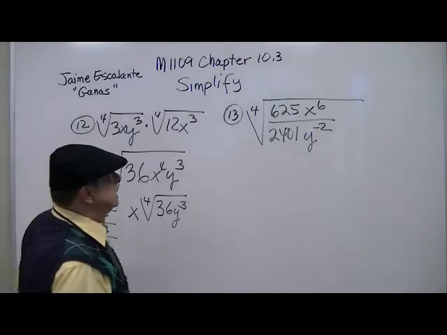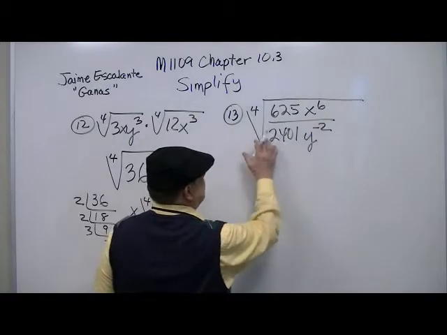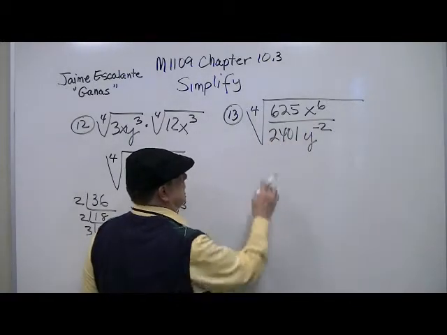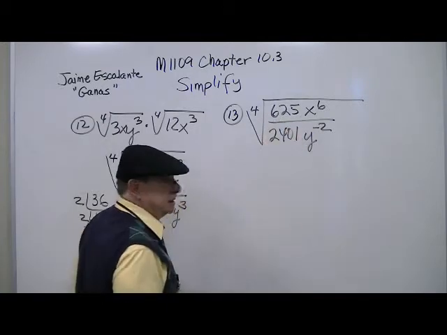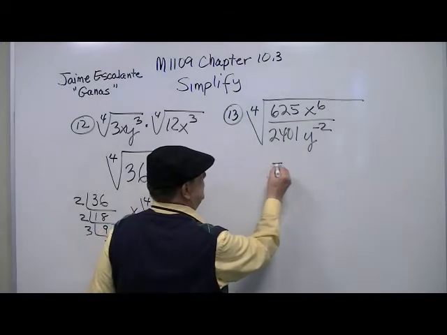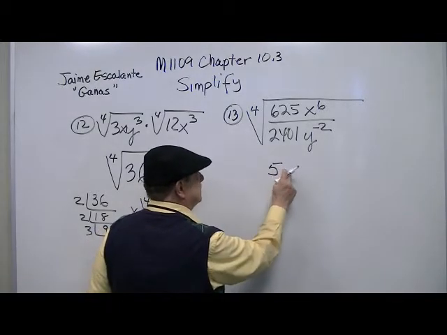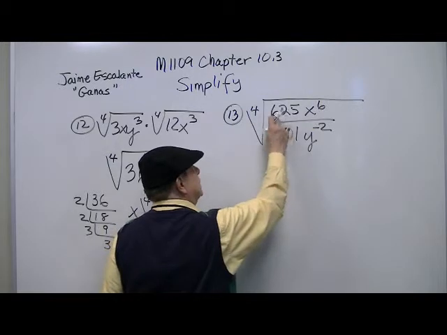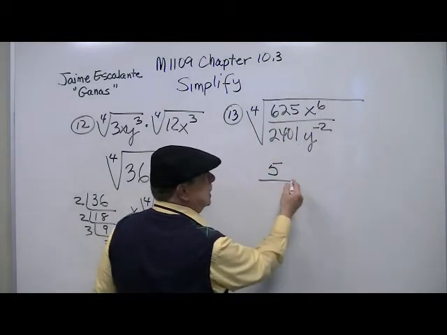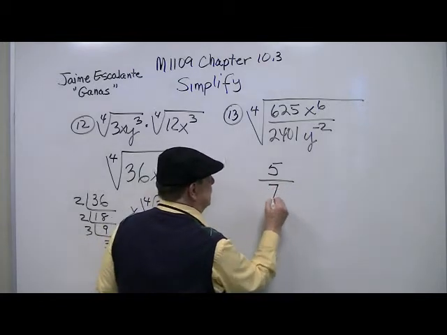All right, in number 14, again, we're looking for perfect fourths. Now I don't know if you recognize it, but 625 is the perfect fourth of a 5. 5 times 5 times 5 times 5 is this. And this is a perfect fourth, and I looked it up, of 7.